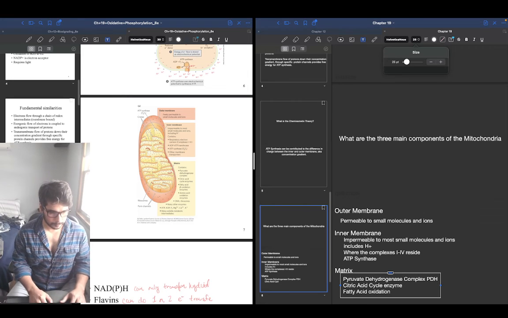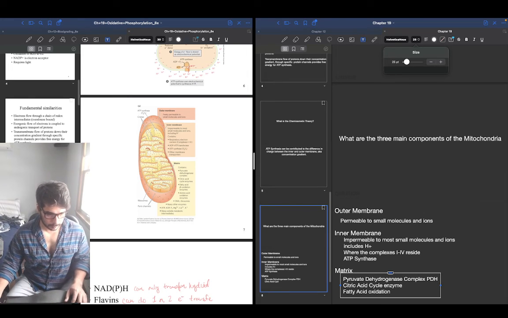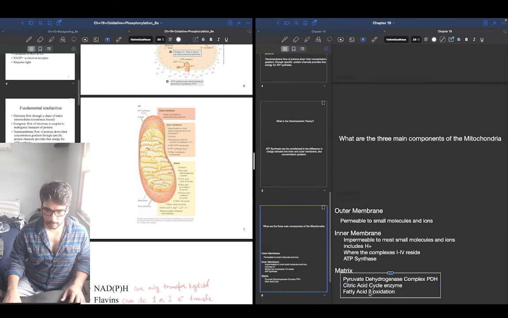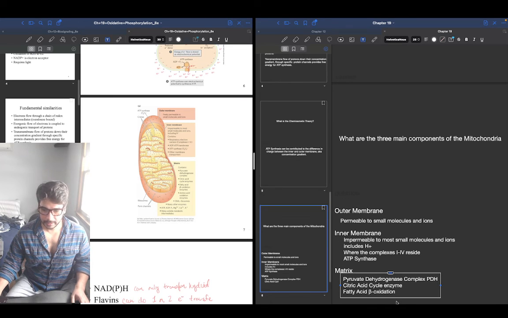Beta symbol. Whoops. Beta oxidation. Enzymes.